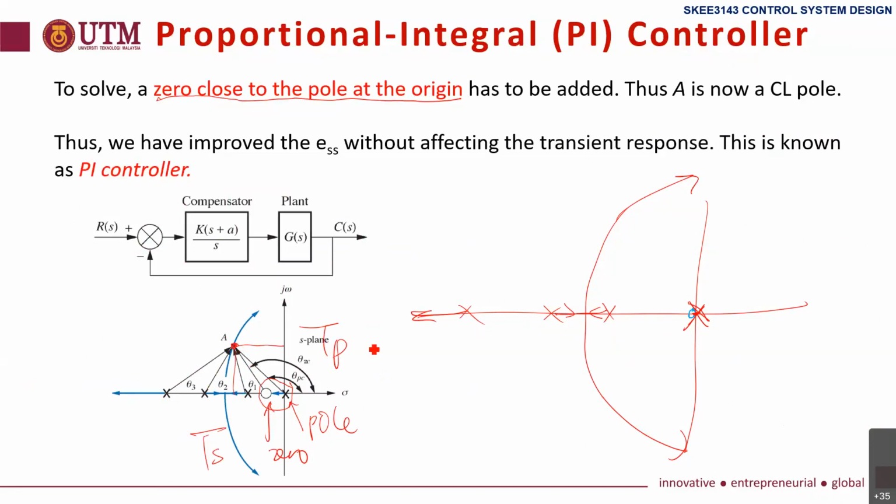And the good thing also, we get 0 error, because now we have increased the system type from 0 to 1. So this is called PI controller.